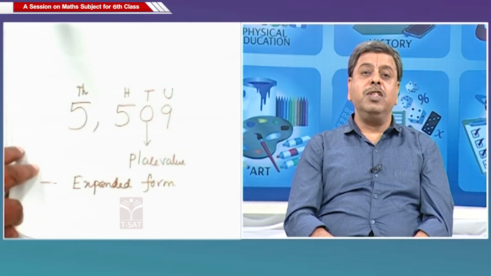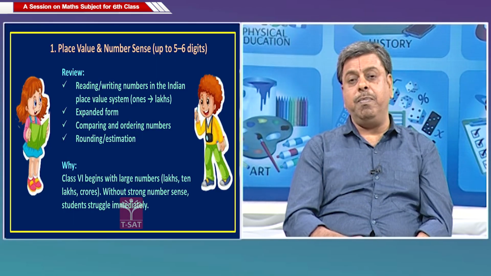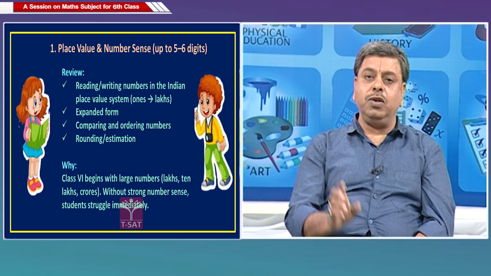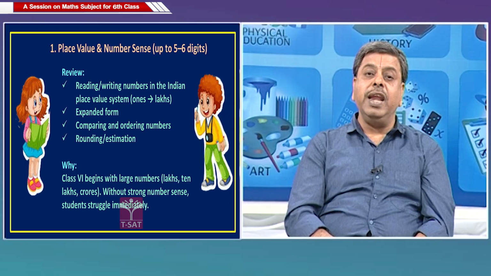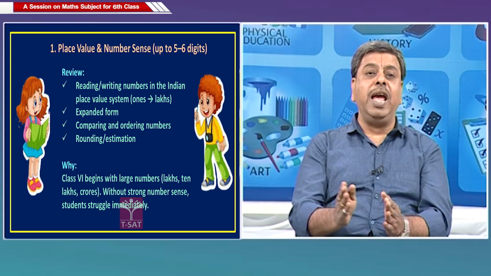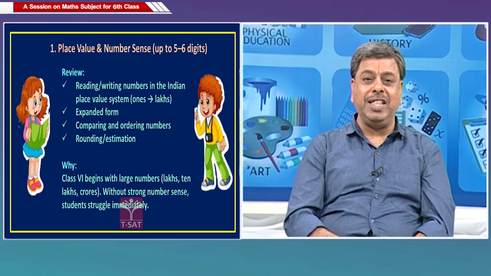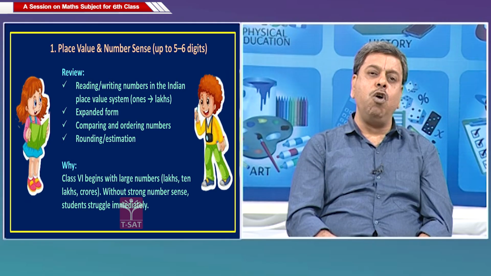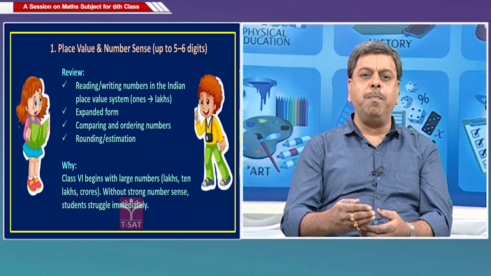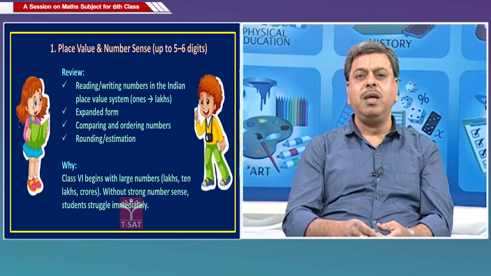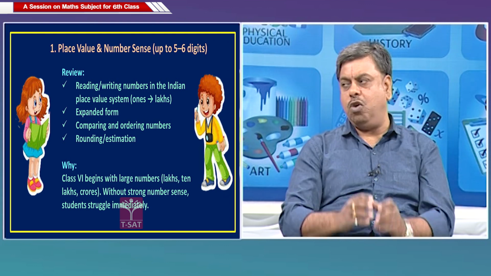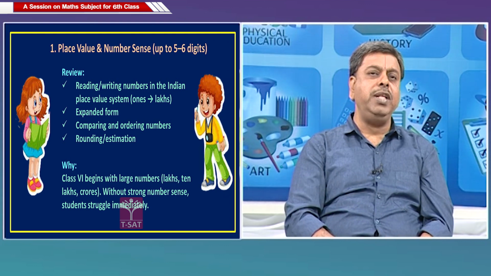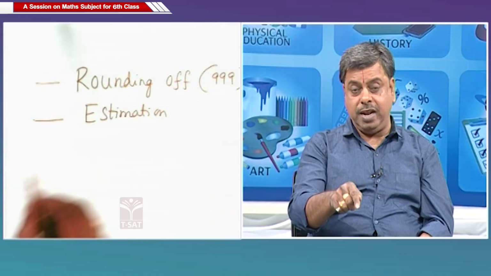Suppose an object's price is 999. That means 999 is one less than 1,000. So whenever a person takes money to get the object, it is around 1,000 rupees. Estimation and rounding of numbers are very, very important at the beginner level.